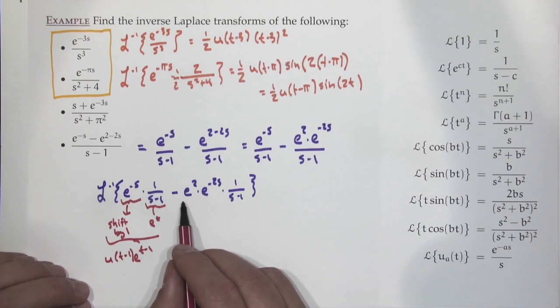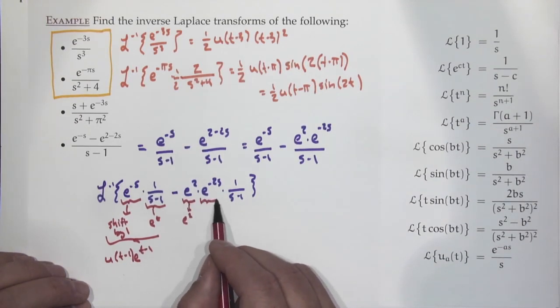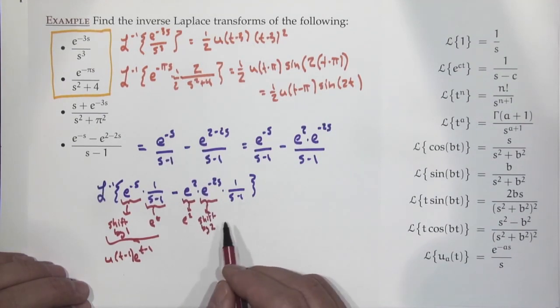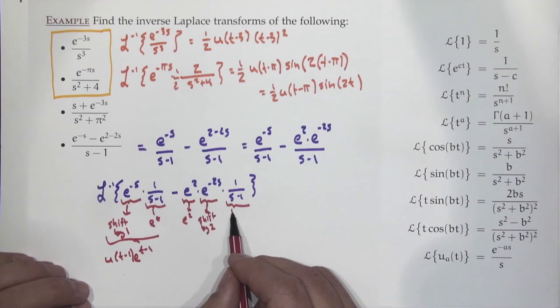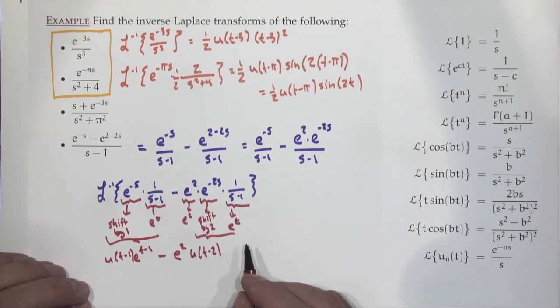Okay, so e squared, well, that just goes to e squared. e to the minus 2s tells us a shift by 2. 1 over s minus 1 says, well, normally you go to e to the t. So when we put this all together, we have e squared, and then what else do we have? u of t minus 2, e to the t minus 2.